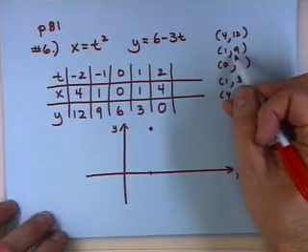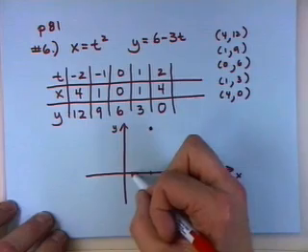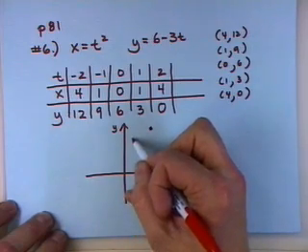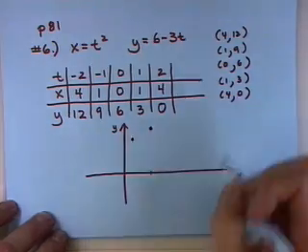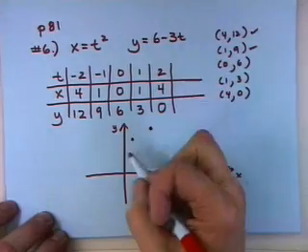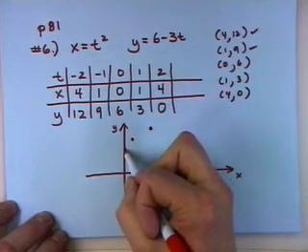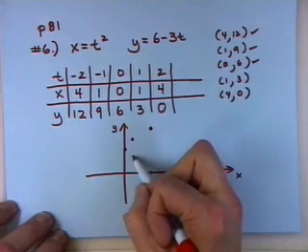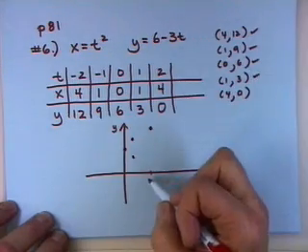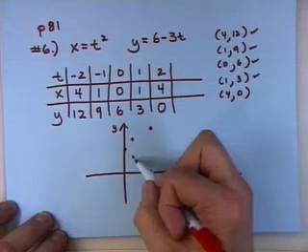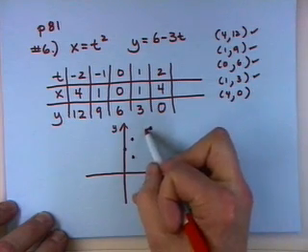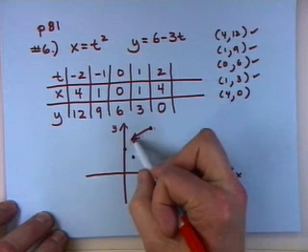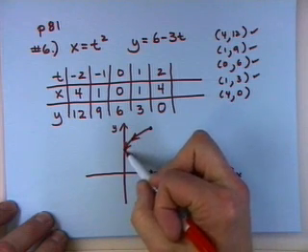And then we're going to head in the direction of 1, 9. Zero 6, 1 3, and 4 0. So it looks like we're going this way. That is a function. No, it's not.